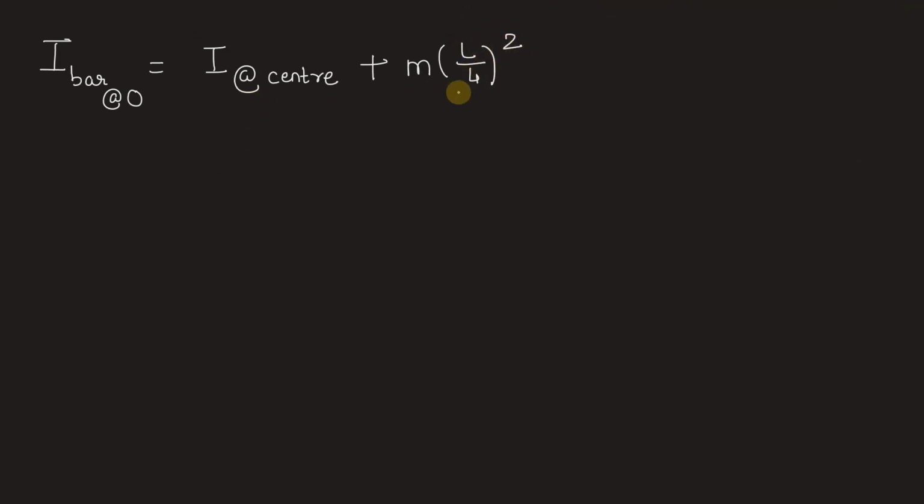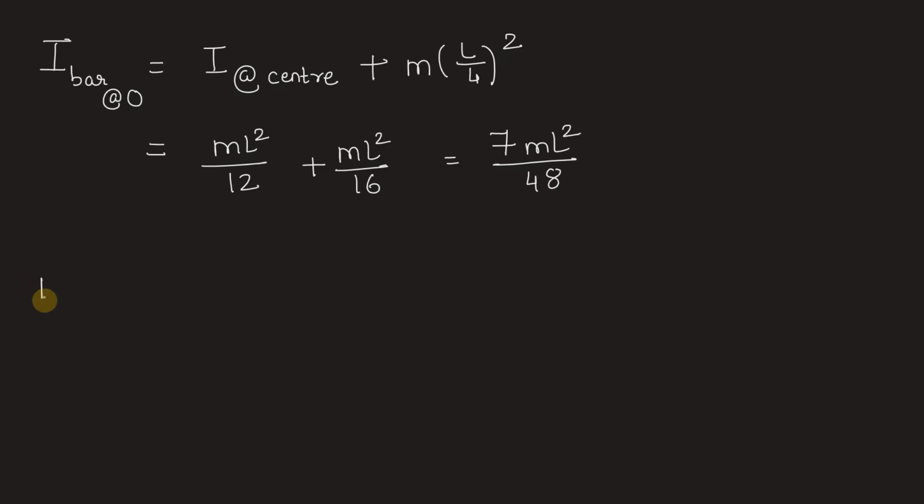This is by the parallel axis theorem. The moment of inertia of a bar about its center is ml square by 12, plus ml square by 60, which is nothing but 7 ml square by 48. This is our first value, I of bar.